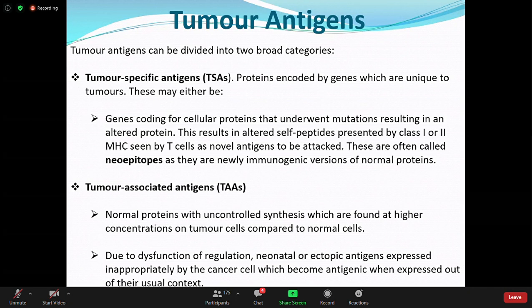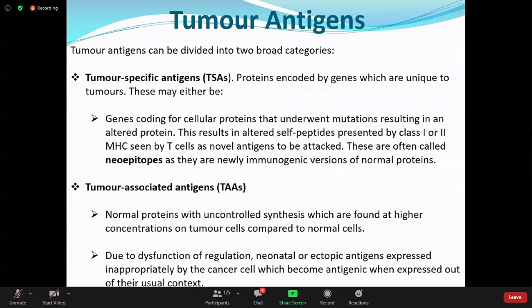So as a result of these mutations, they create what are called neoepitopes, novel epitopes different from self-peptides, which are tumor specific. Now the problem is that we only know about these neoepitopes mainly through experimental studies by inducing tumors in mice.